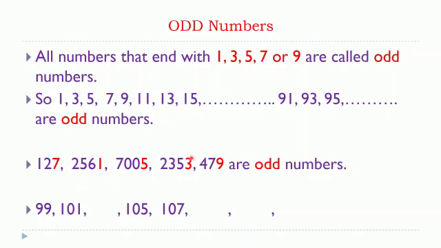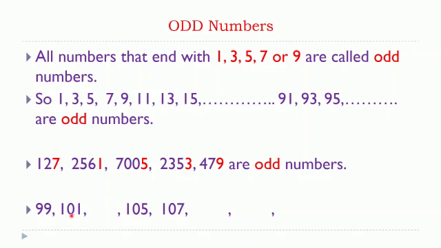Here 3 is the last digit. Here 9 is the last digit. So all these are odd numbers. So for odd numbers, the last digit should be 1, 3, 5, 7 or 9. So if the last digits are these, then the number is an odd number.